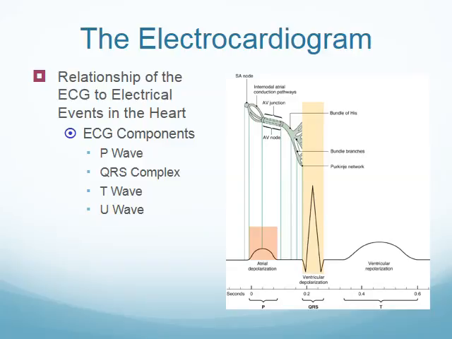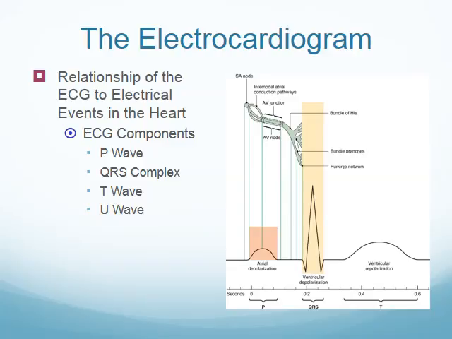You guys remember from the last lecture, we talked about our electrical stimulus traveling down from the SA node all the way down to the Purkinje fibers. Right here we have depolarization of the SA node. Our atria are the first chambers that are going to be depolarized. So they're being depolarized by the time the stimulus reaches the AV junction. Once they all pass through the atria, we'll start seeing our P wave.